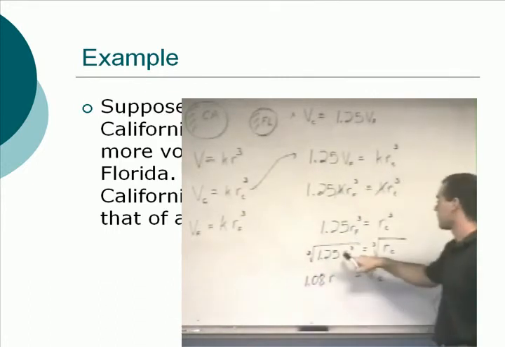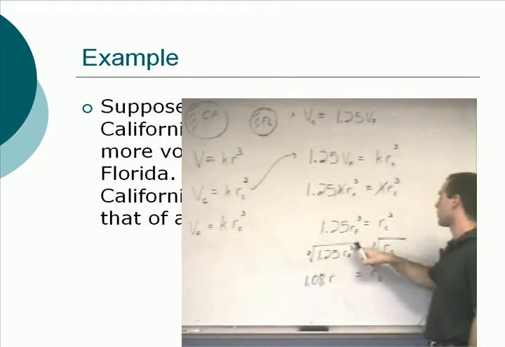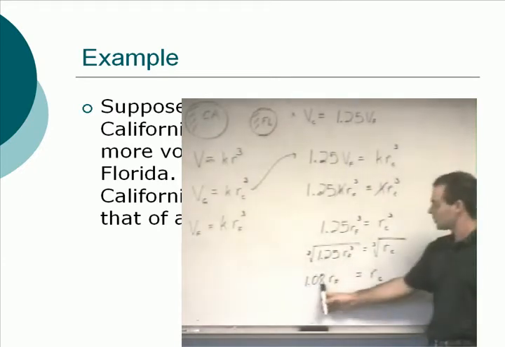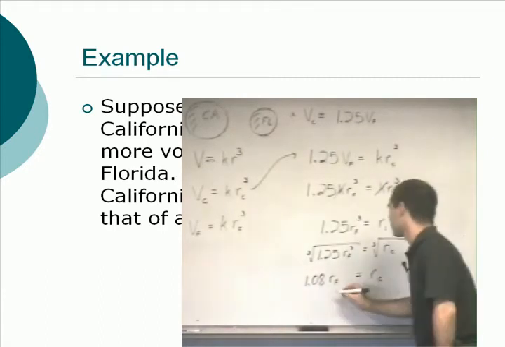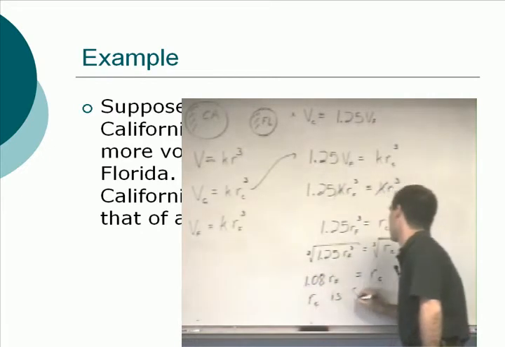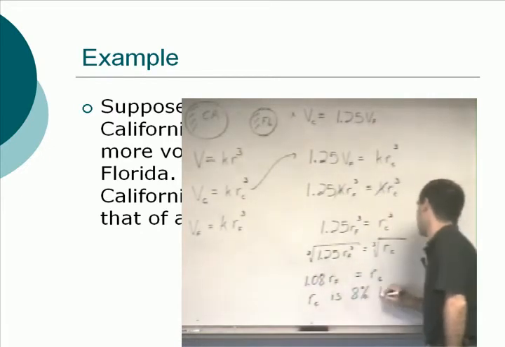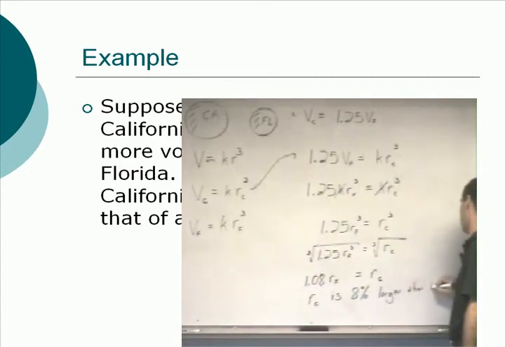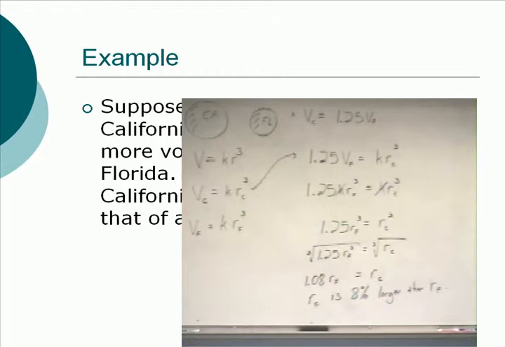And the cube root of the radius of the one from Florida cubed is just the radius of the one from Florida. So it is apparently about 8% bigger in radius. An 8% increase in radius results in a 25% increase in volume.